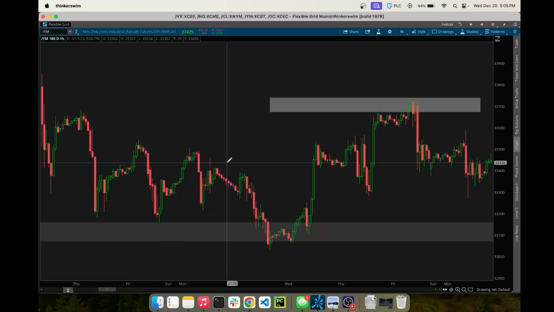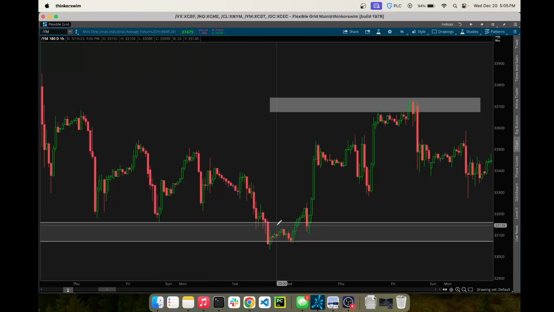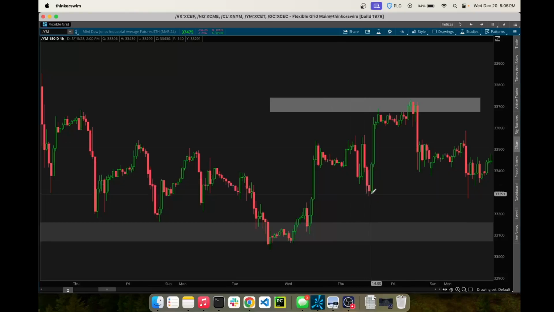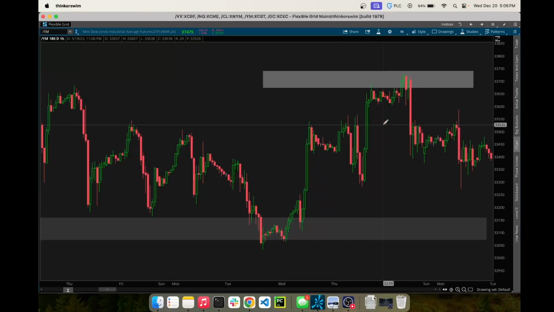So we came down, found our bottom, found an entry as we were retesting our reversal zone, had another crack at it if we wanted, and identified a spot where price was going to start turning around.